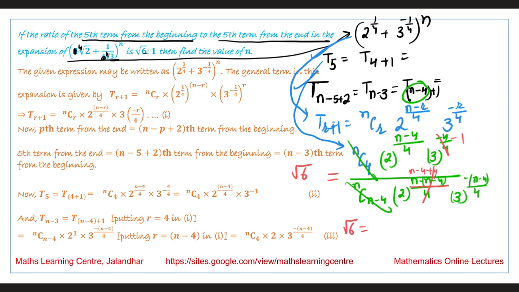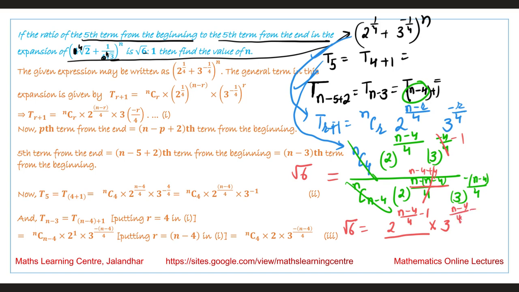So the answer we get is 2 raised to the power (n minus 4) by 4 minus 1, multiplied by 3 raised to the power (n minus 4) by 4 minus 1.